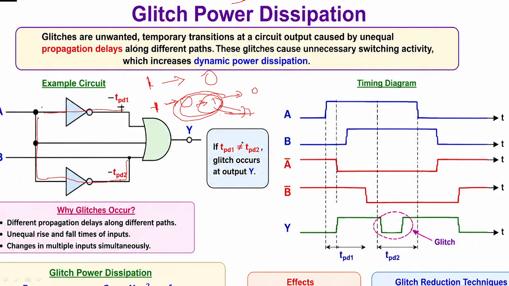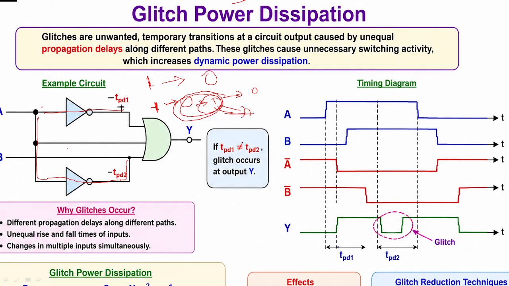Because of unwanted switching activities, which are not actually required, but will happen in the circuit. Any circuit may have this because of improper design of the circuit or of the path, and delay in circuits causes the glitches, unwanted transitions.